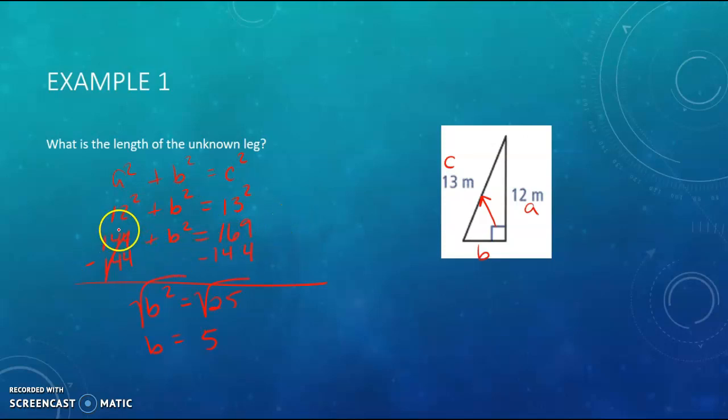From there, I use the subtraction property of equality to subtract 144 from both sides. And then I square root both sides to get b by itself, which means that b equals 5. It's like what we were doing before, we've got to isolate our variable on one side. So this is one way of doing it.